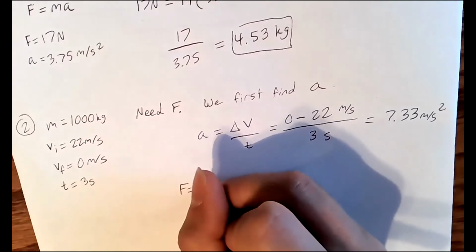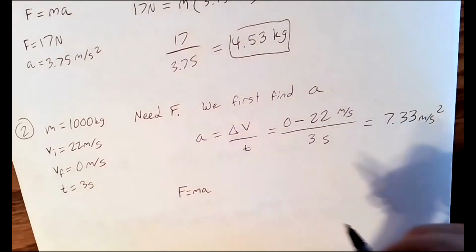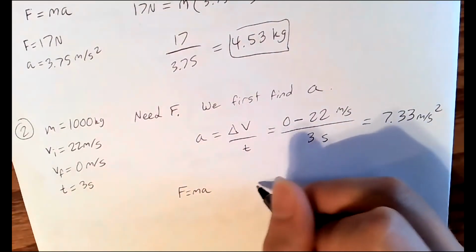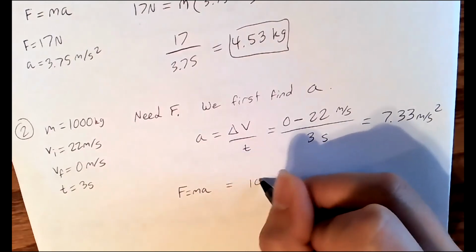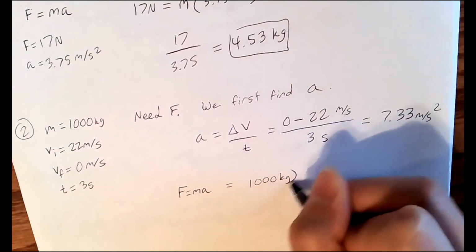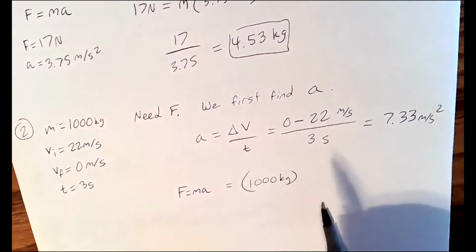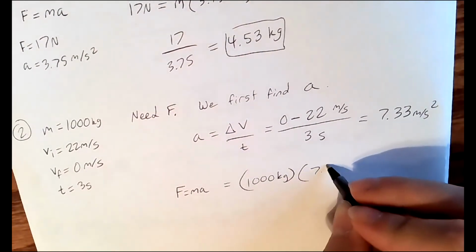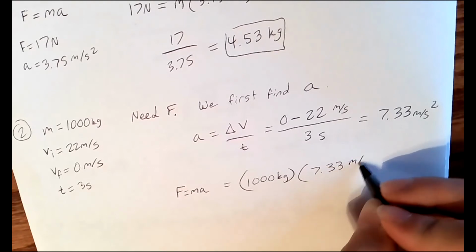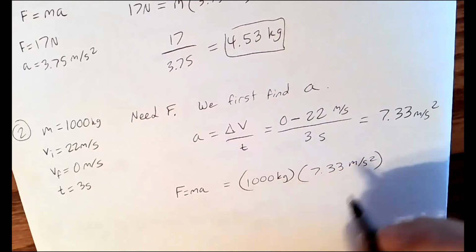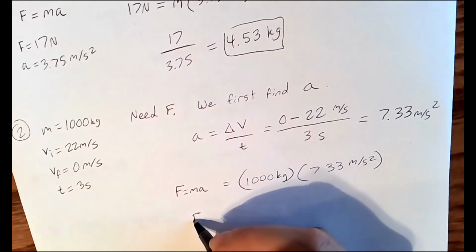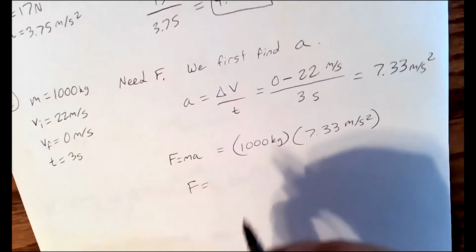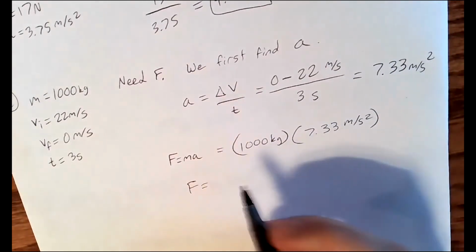So F equals ma, which equals the mass, which we're given from here, times A. We had to find A, but now we found it. So everything's fine. So F would be 1,000 times 7.33.